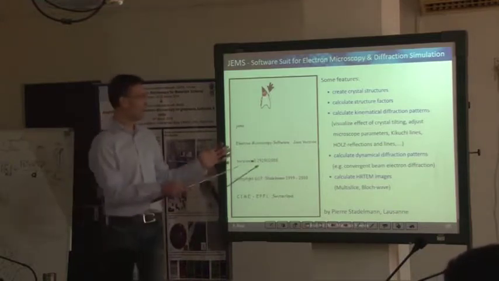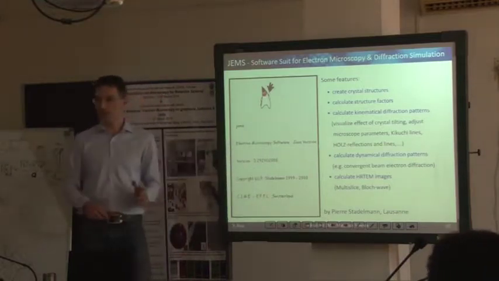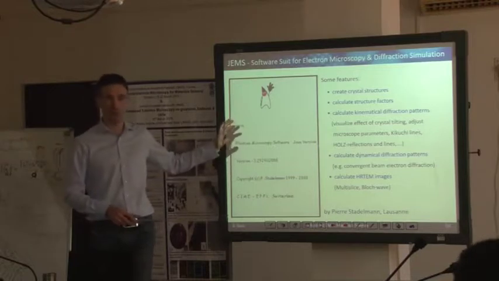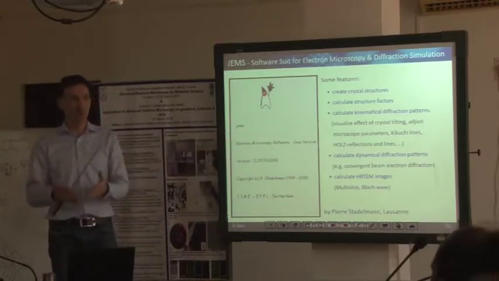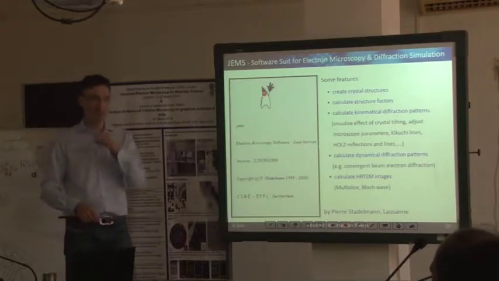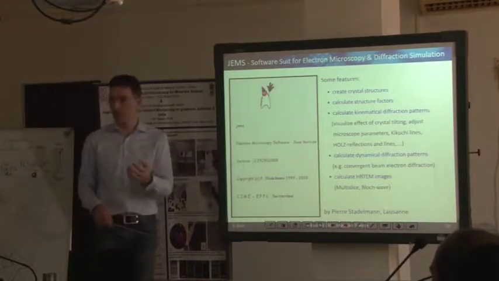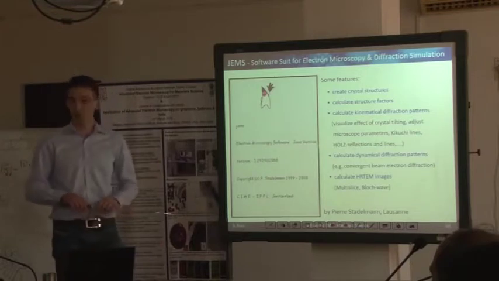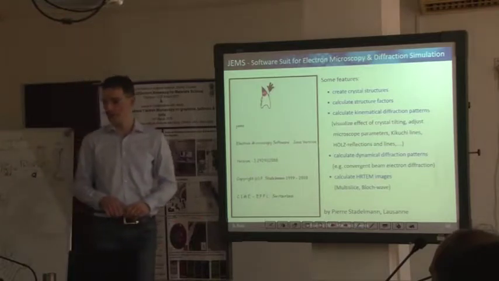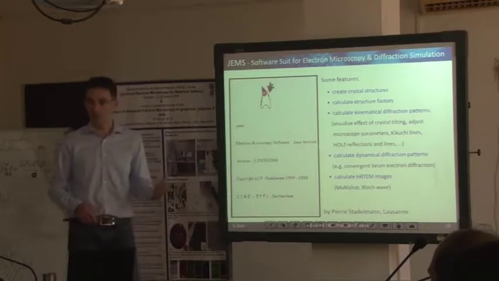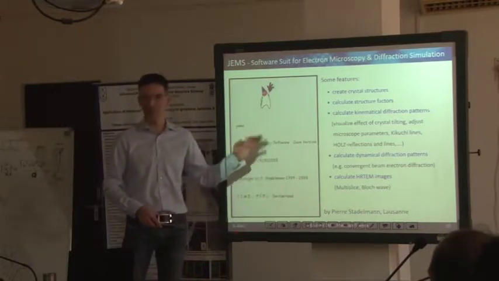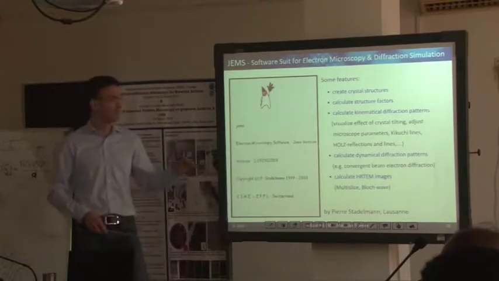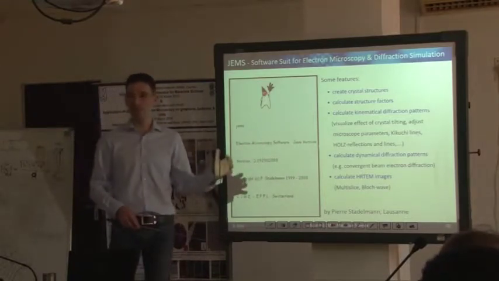You can do simulations or modeling of diffraction patterns, not only using parallel illumination, because so far we only used parallel illumination to end up with sharply focused spots with a spot pattern. We can do convergent beam electron diffraction pattern modeling with this software. You can do not only kinematical diffraction but also dynamical diffraction. This is only kinematical so far, which is a simple approximation.